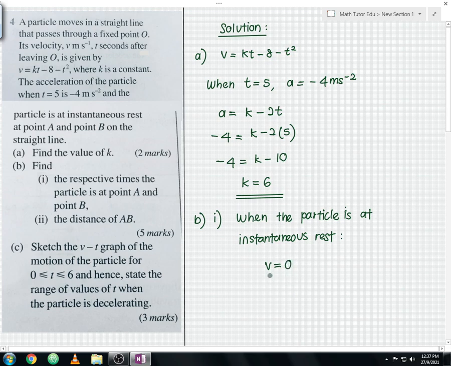Okay, so we know that the velocity equation is kt minus 8 minus t square, and since we already found the value of k, where it is equal to 6, you can just substitute the 6 into this velocity equation.